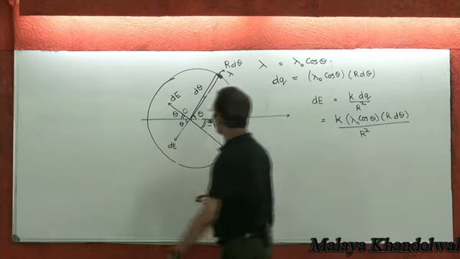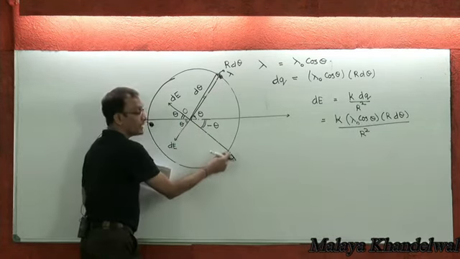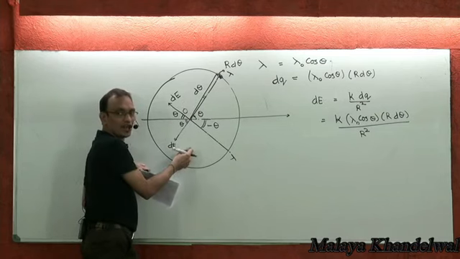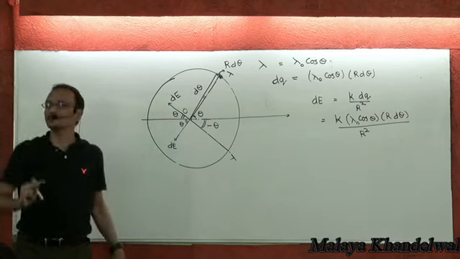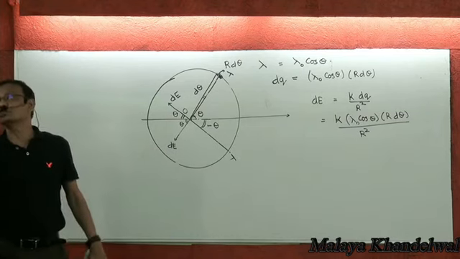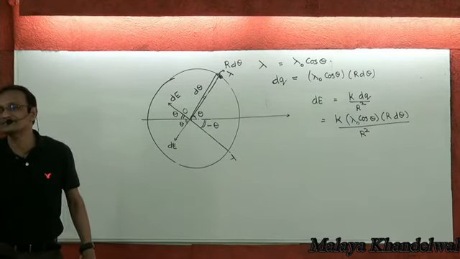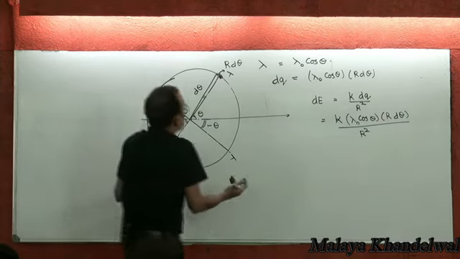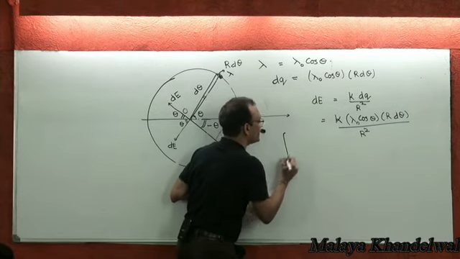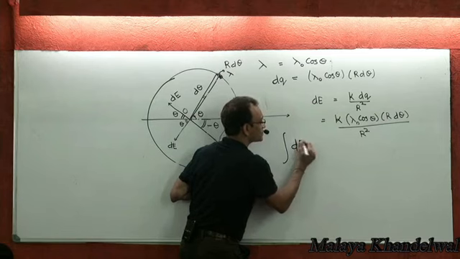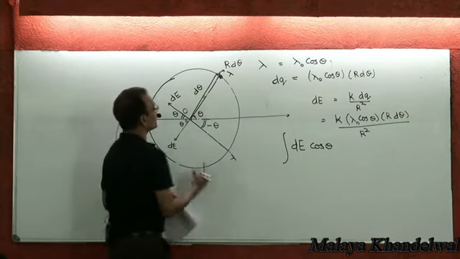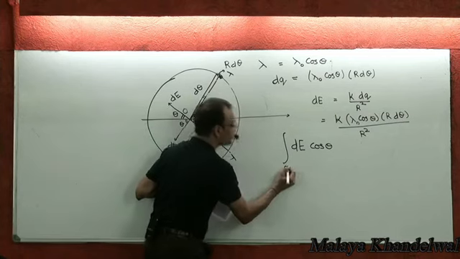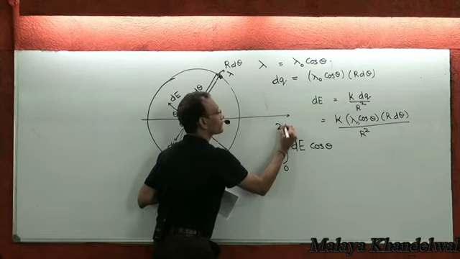Now, for these 2 elements, the vertical components of dE will cancel off. For every theta, there is going to be a minus theta, which will cancel off the vertical component. So only the horizontal components of dE will get added up. All that we need to do is sum up only the dE cos thetas, starting from theta equal to 0 to theta equal to 2 pi.